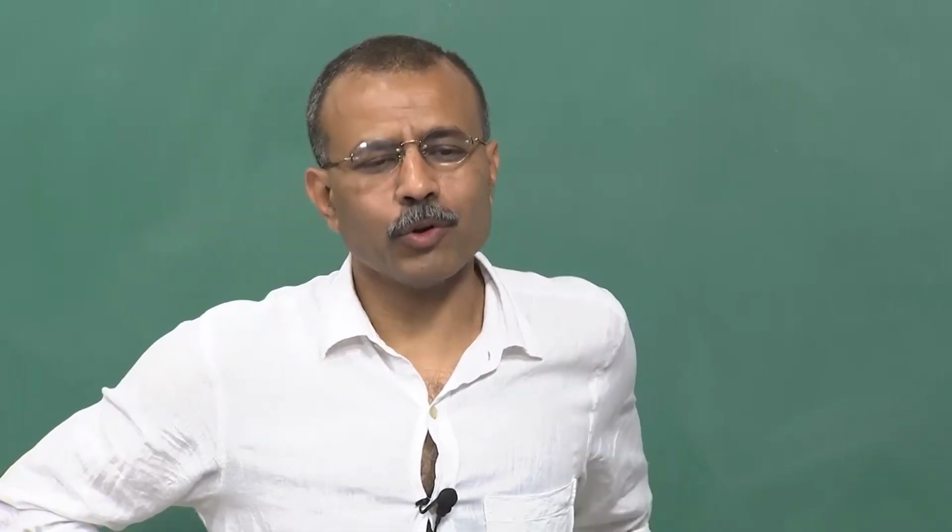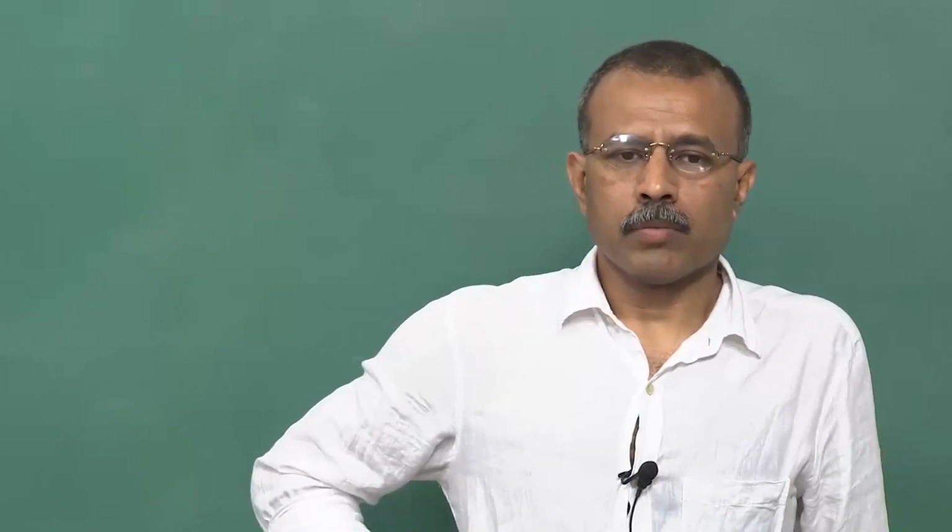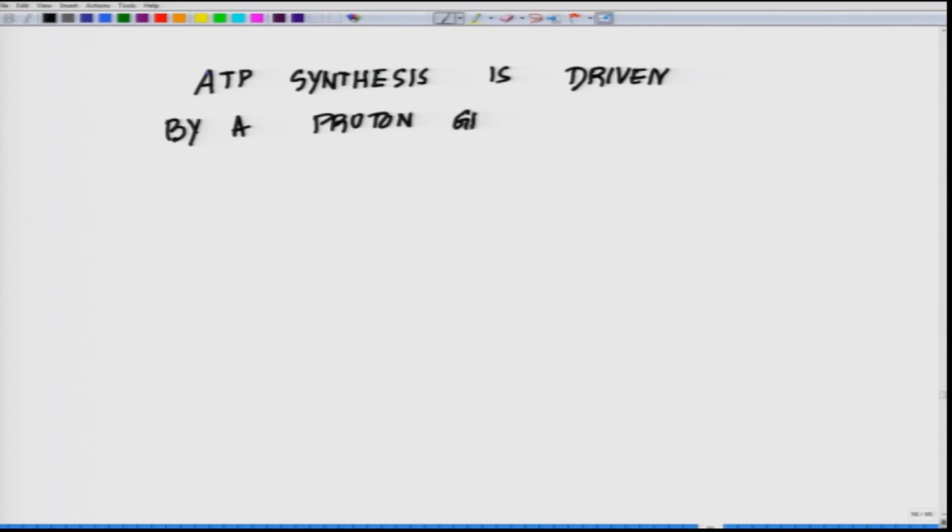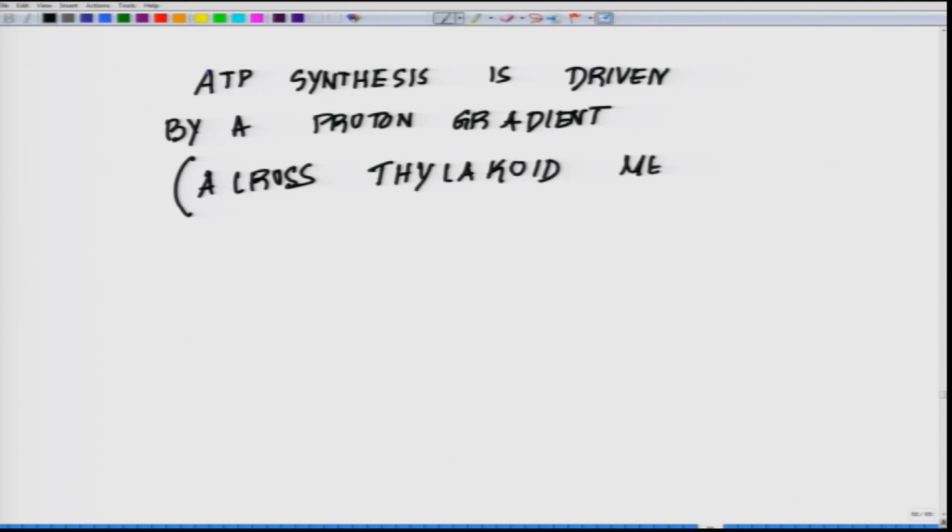In the next class we will talk a little more about the chemiosmotic hypothesis of Peter Mitchell, but today we will talk about this basic concept: that ATP synthesis is driven by a proton gradient, okay, across, now this part is important, across the thylakoid membrane.